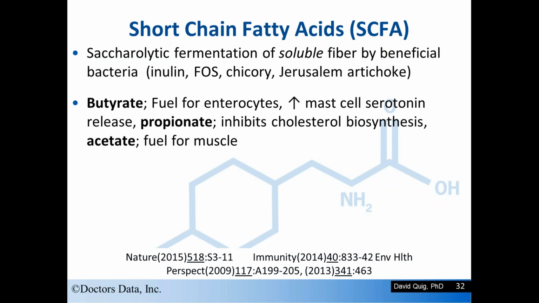And these short-chain fatty acids are produced by the fermentation of stuff like inulin, fructooligosaccharides, chicory, and the root-like type of Jerusalem artichoke.